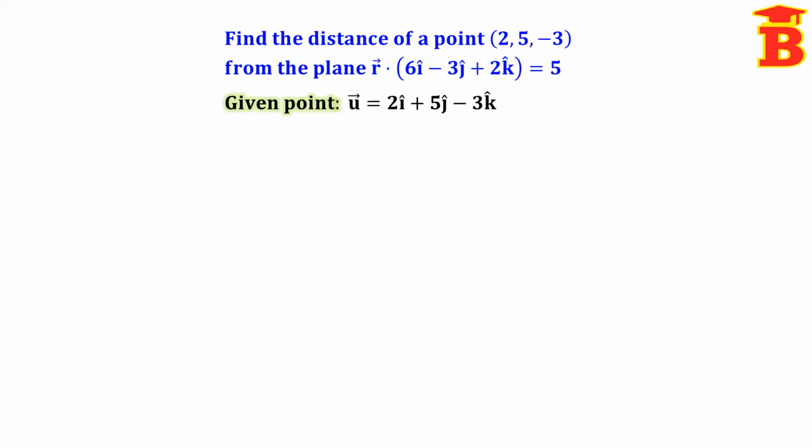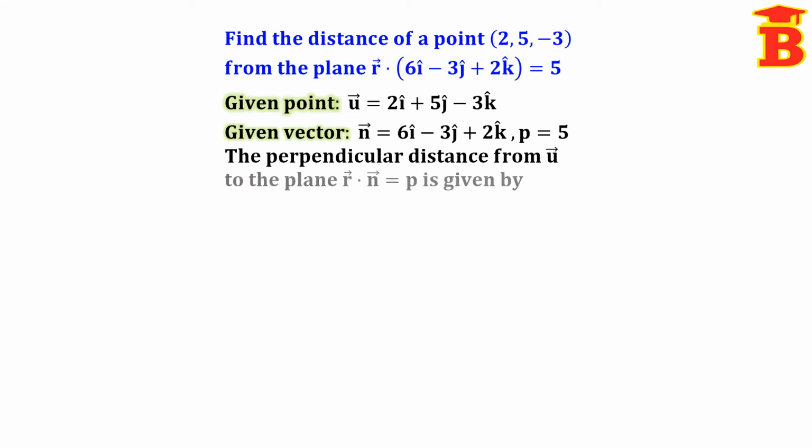This plane is of the form r vector dot n vector equal to p. So the n vector is 6i minus 3j plus 2k, and the perpendicular distance p value is 5.